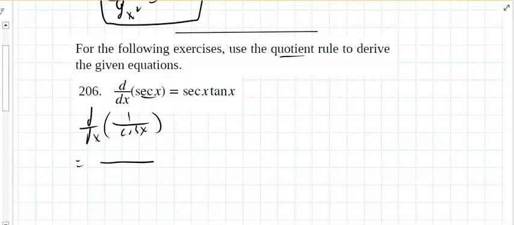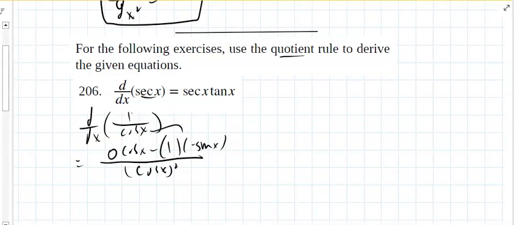So that is quotient rule over the denominator squared, derivative of the top times the bottom, minus the top times the derivative of the bottom, which is negative the sine of x. So that is 0. Negative times a negative is a positive.